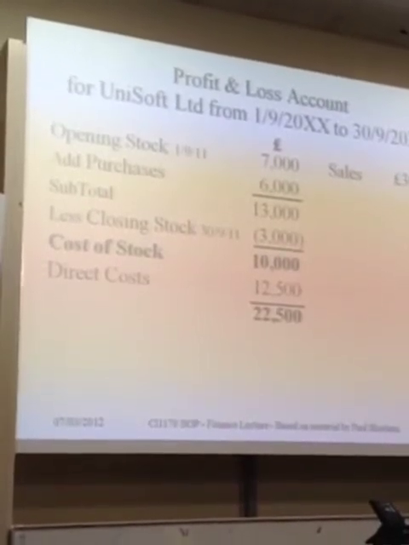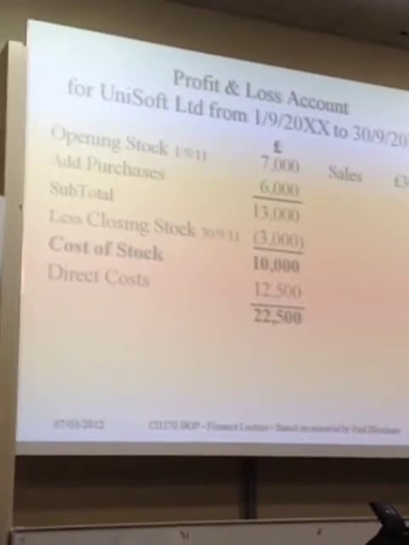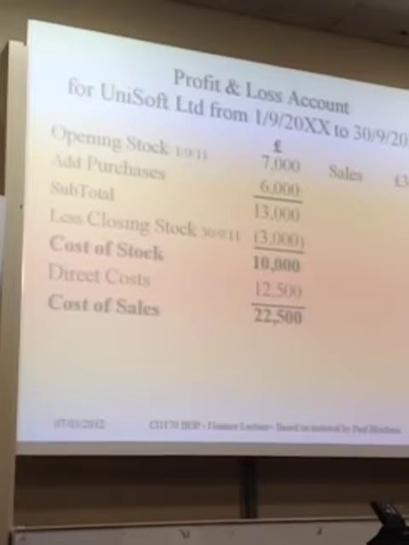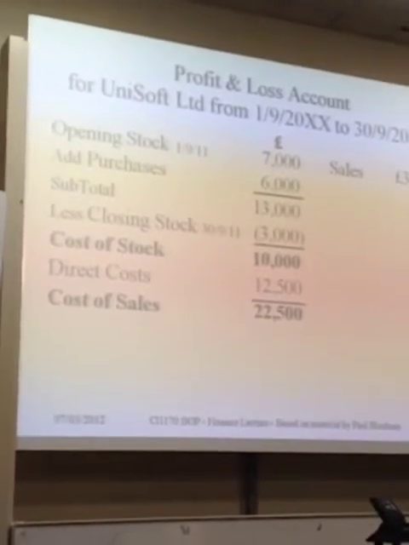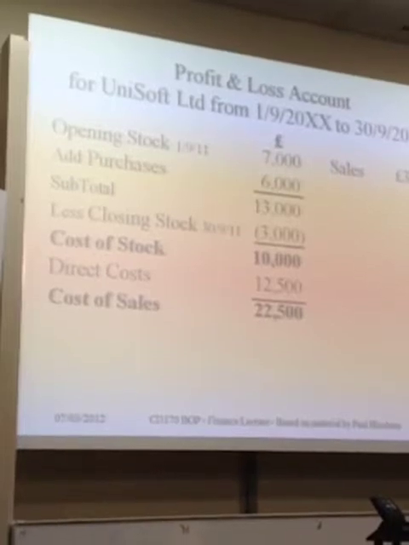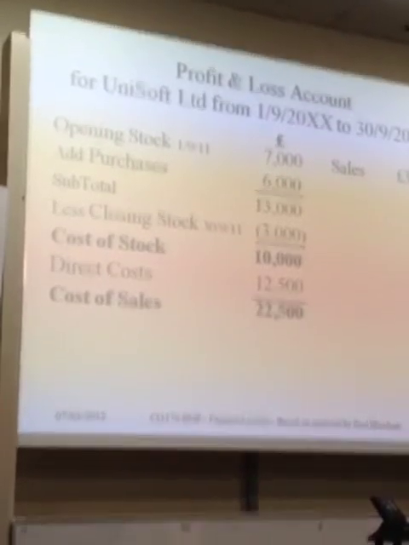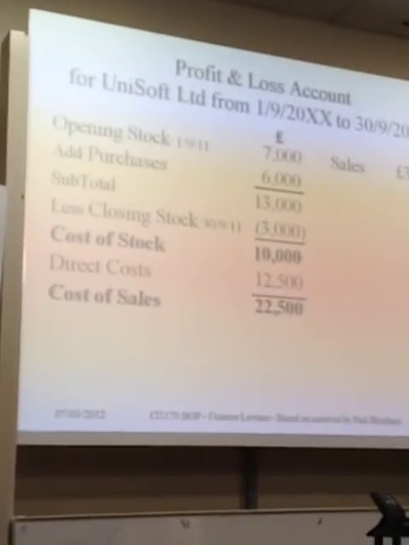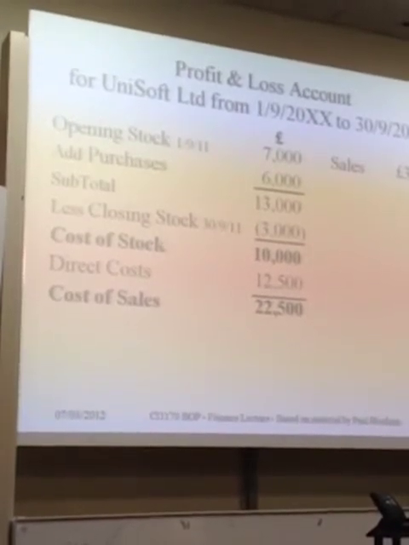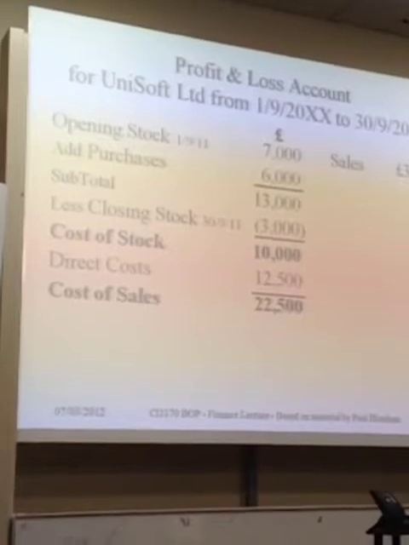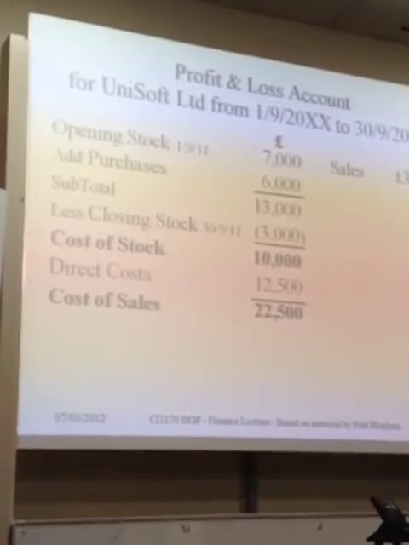Therefore, the difference between 22,500 and 30,000 is the gross profit. And that 22,500 we now give a name to. It's the cost of sales. In order to make sales of £30,000, it's cost us £22,500.